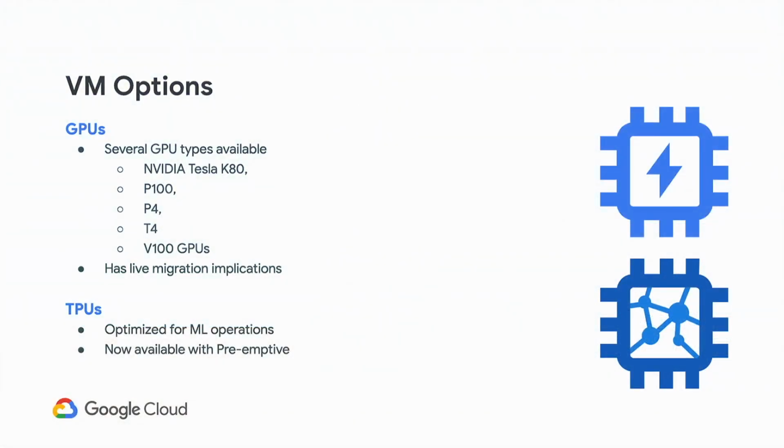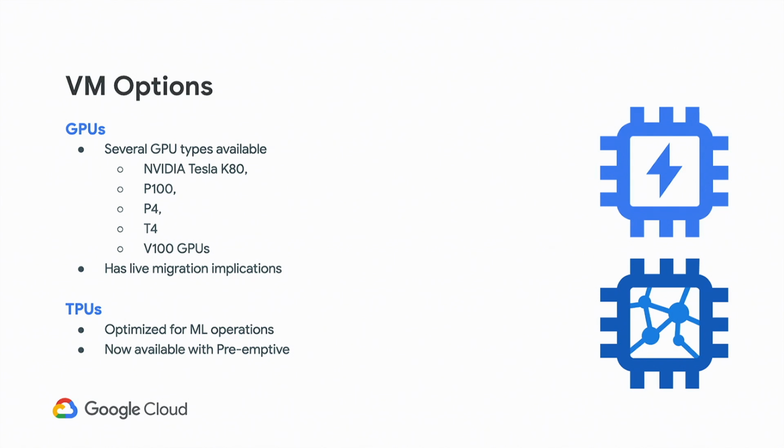We talked about the VMs, and for graphic workloads or machine learning workloads, we also support a wide range of GPUs. In the Singapore region, we support the NVIDIA P4 and the T4, which is the latest NVIDIA GPU type. We also purposely built chips called tensor processing units that are optimized for machine learning workloads.